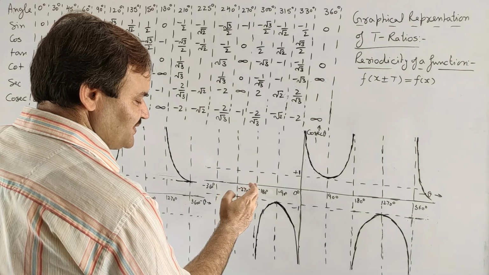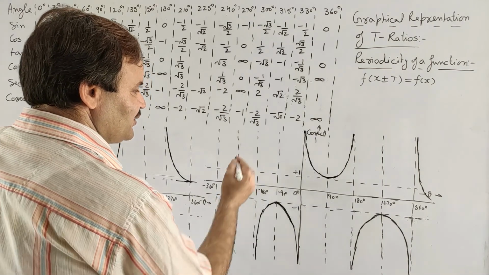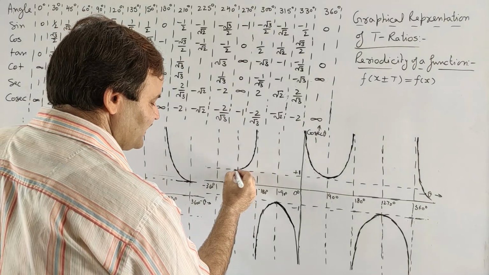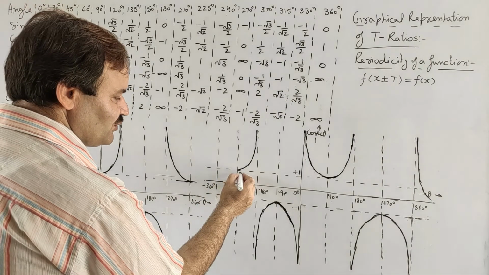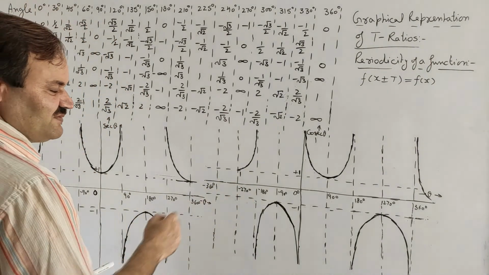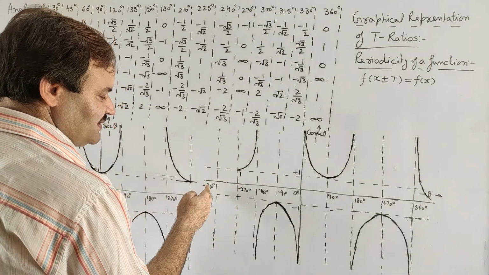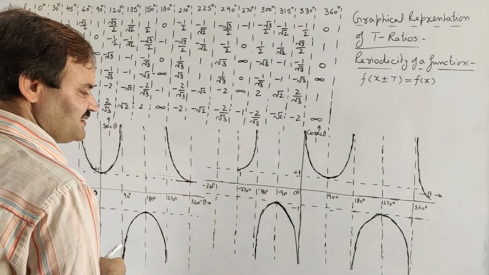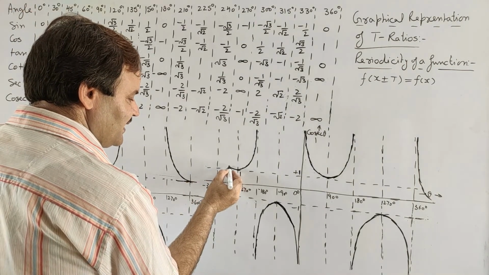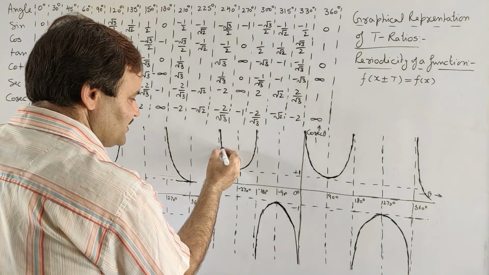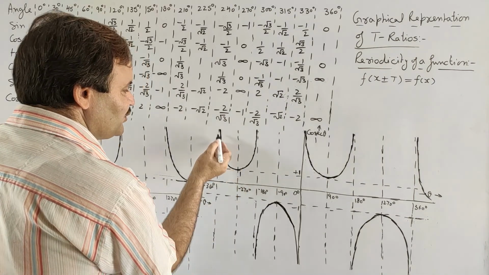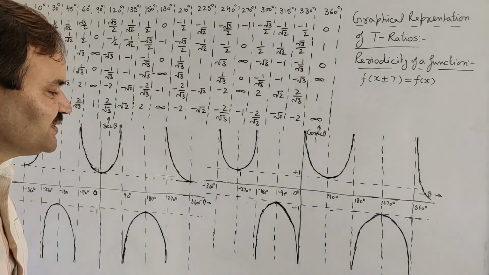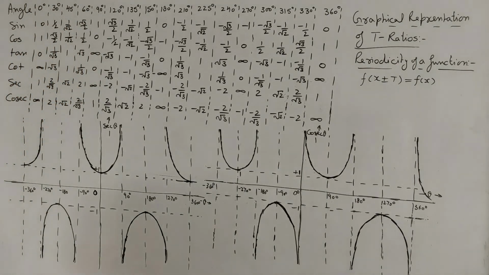So for a value just less than minus 180 degree, cosec theta will be plus infinite, and the value of cosec theta will gradually decrease to 1 at minus 270 degree, and as theta decreases from minus 270 degree to minus 360 degree, cosec theta will change its values from 1 to infinity. So this will be the pictorial representation of cosec theta with angle theta.